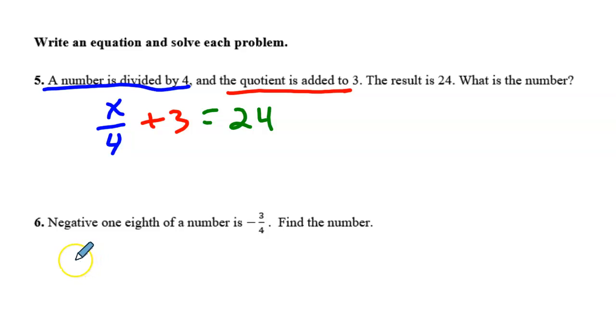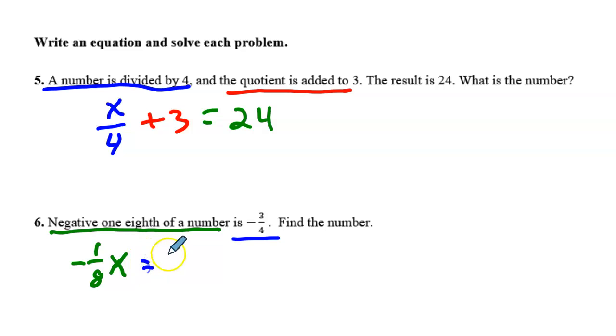Negative 1/8 of a number is negative 3/4. Negative 1/8 of a number, it's just negative 1/8, and that "of" is times. So negative 1/8 x is negative 3/4.